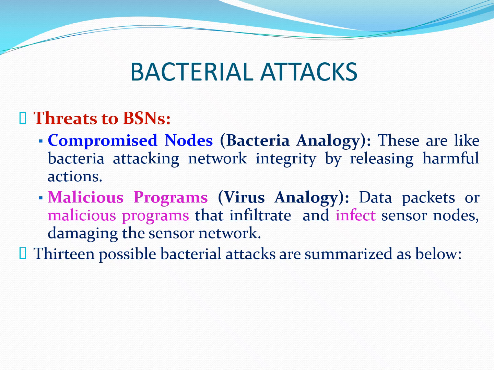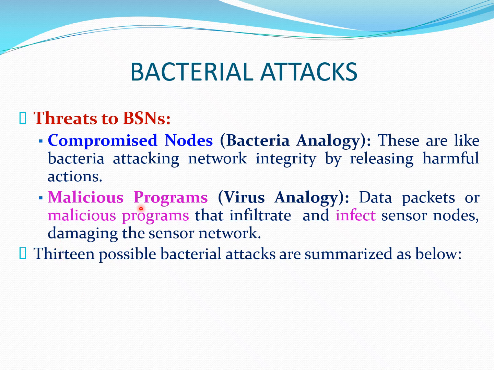You have two types of analogy. One is bacterial analogy and the other one is virus analogy. Compromised nodes we give a bacteria analogy. These are like bacteria attacking network integrity by releasing harmful actions.